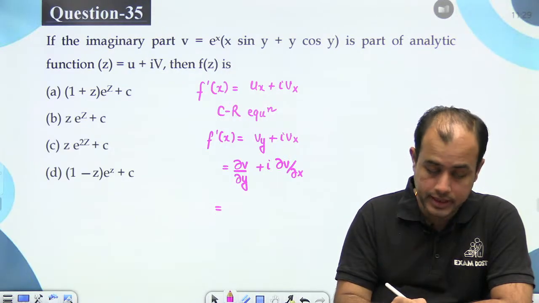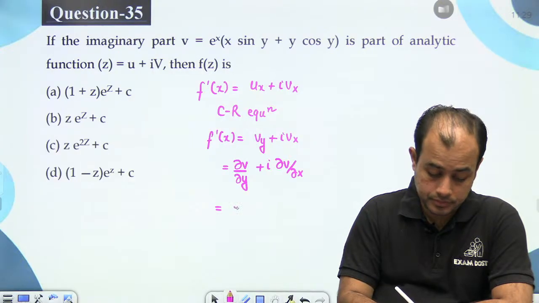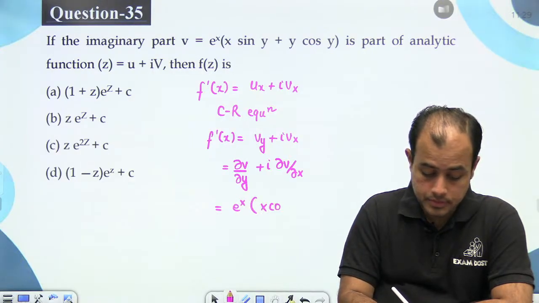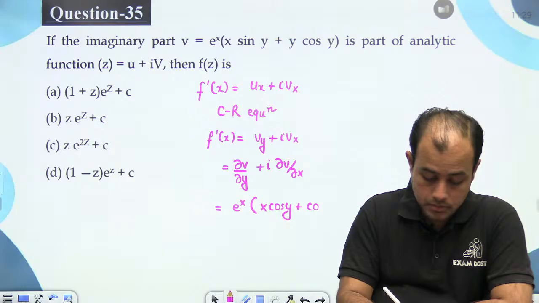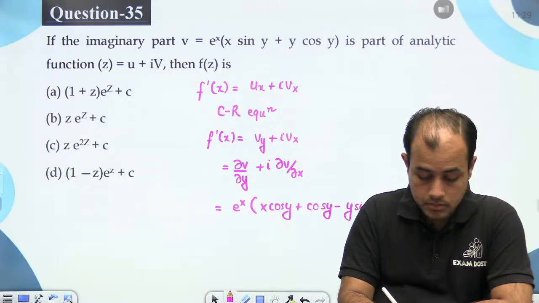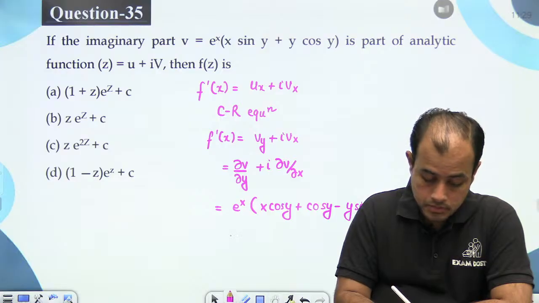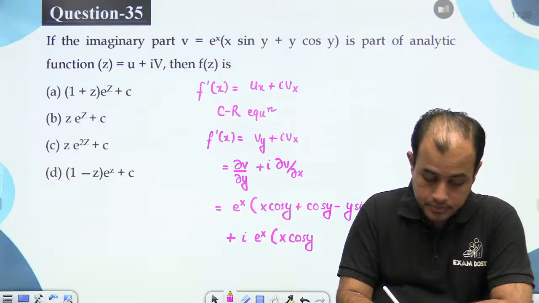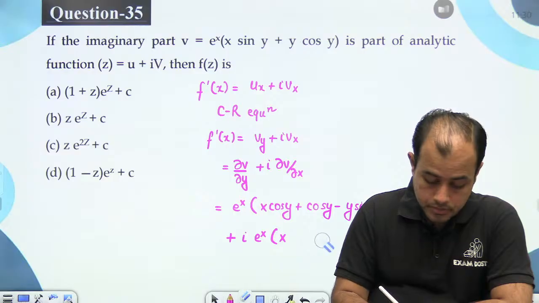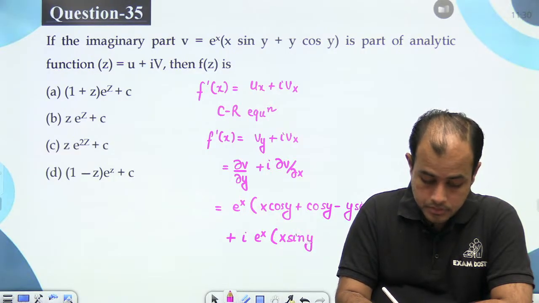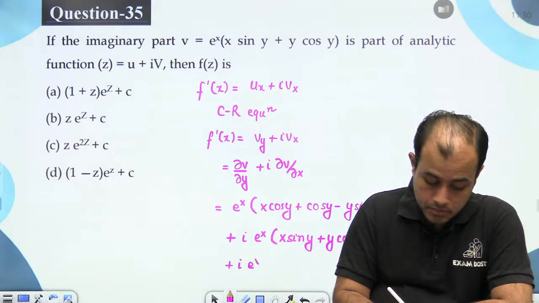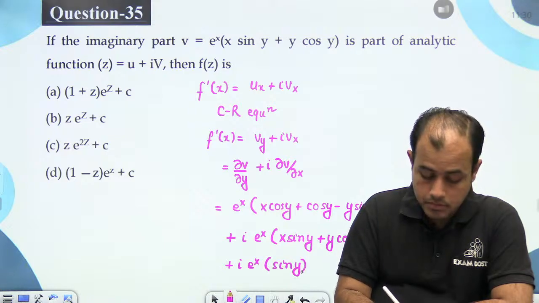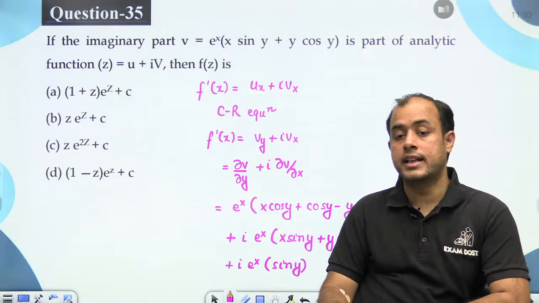What is del v by del y? E की power x del v by del x. Okay, this is the value of the derivative.